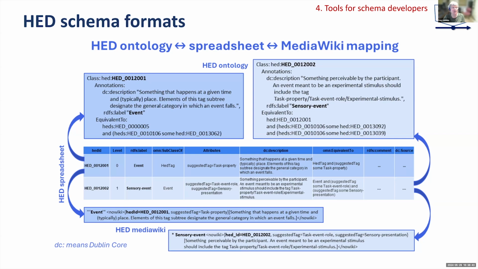So all of this is done behind the scenes. All the user sees is the spreadsheet. But the idea is we're making tools that make it easier for schema developers to develop a vocabulary and have a lot of infrastructure to check its correctness, to check how it fits into the global HED information space, and to do all the transformations to the needed formats without having users have to do that.